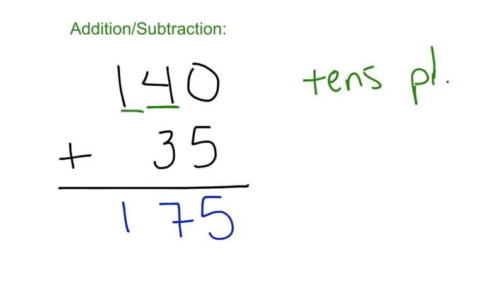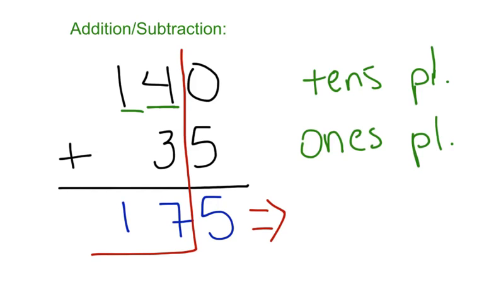Looking at 35, both the 3 and the 5 are significant, so its last significant figure is in the ones place. Well, our answer can only be as significant as our least significant place. So the least significant place is the tens place. So our answer is going to be rounded off to the tens place.